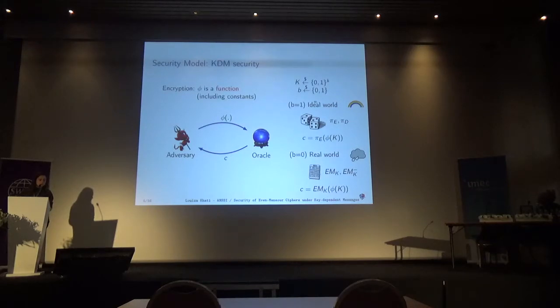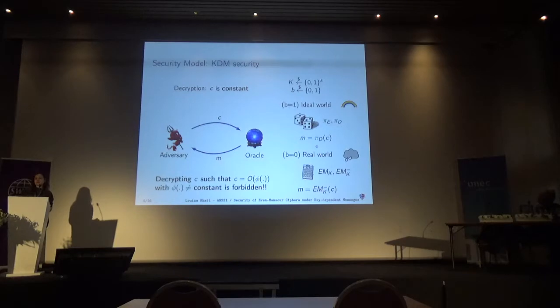So if he is playing in the ideal world, he will have this ciphertext, and if he is in the real world, he will have the Even-Mansour encryption. But for decryption, in our model, he can only decrypt constants, because we didn't see any application of a model where the adversary can decrypt functions of the key.